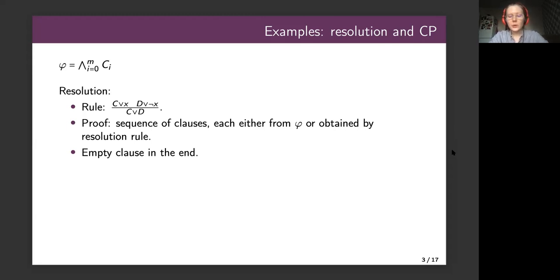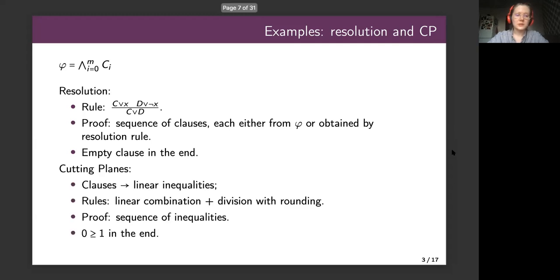And in the end, we have this trivially false statement, an empty clause. This system is sound and complete. It is not hard to prove this. Meaning that a formula phi has a resolution refutation if and only if it is unsatisfiable.